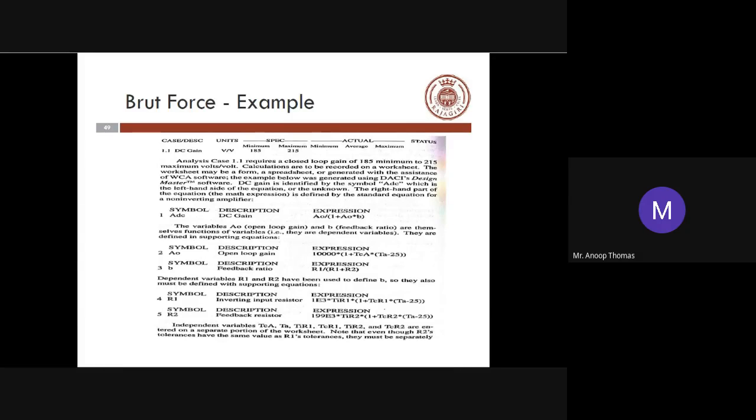Now going back, R1 is given by inverting input resistor, TI R1 into 1 plus TCR R1, TA minus 225. R2 is feedback resistor, again given by an expression like this. Independent variables TCA, TA.